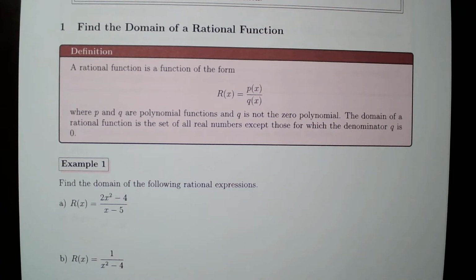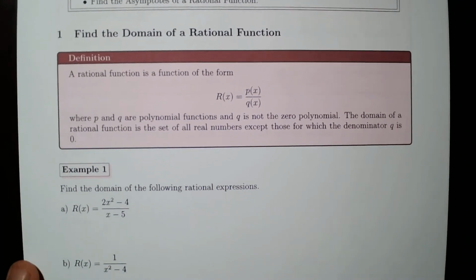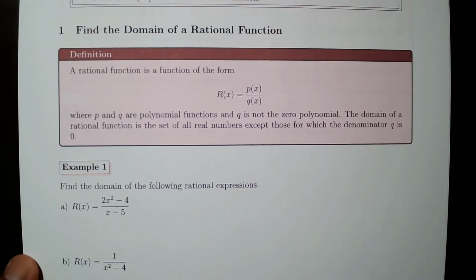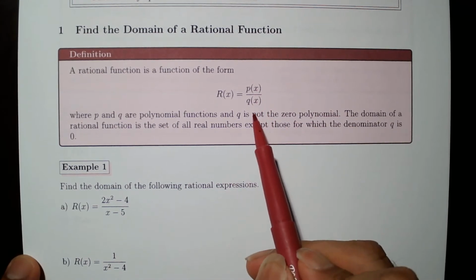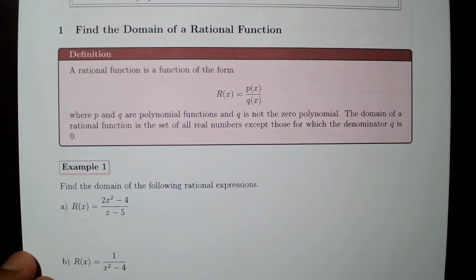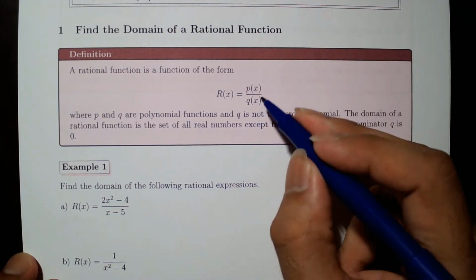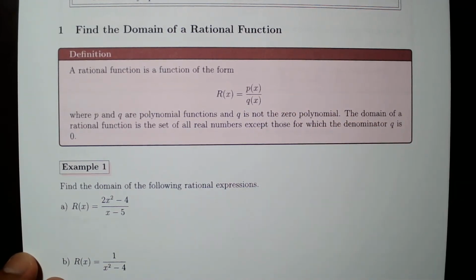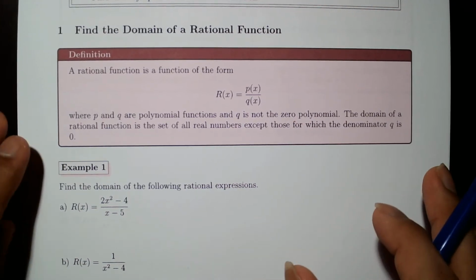Recall that a rational function is a function of the form p of x divided by q of x, where p and q are strictly polynomials. These two have to be polynomials in order for a function to be a rational function.